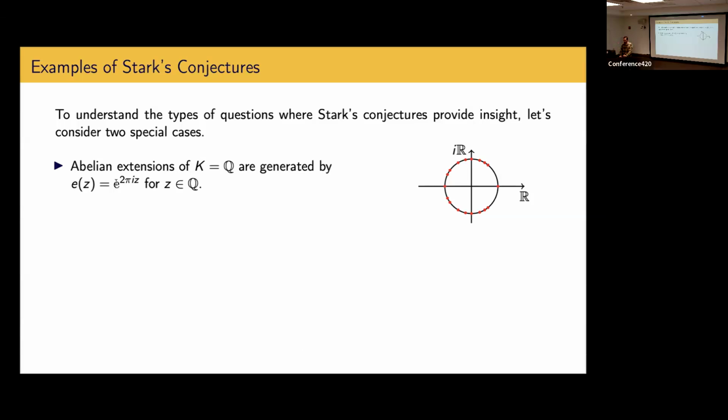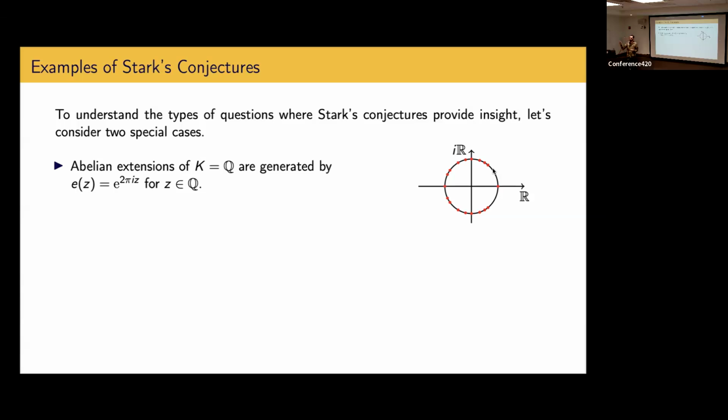It's like I take this exponential map, e to the 2 pi i z, and I evaluate it at a rational number. If I pick a general point on the unit circle, I will generally just get a transcendental number out. But if I evaluate it at a rational angle, a rational multiple of 2 pi, then I get an algebraic equation.